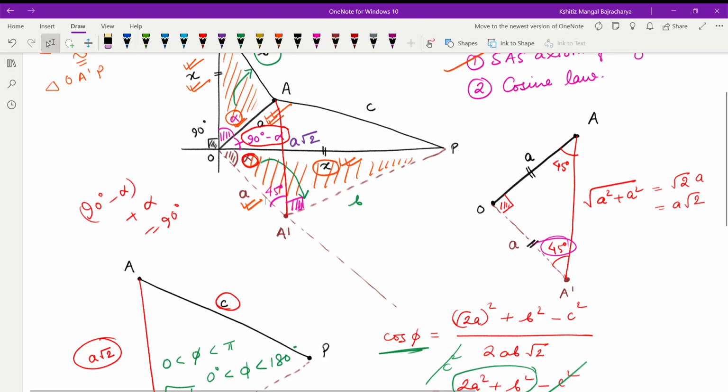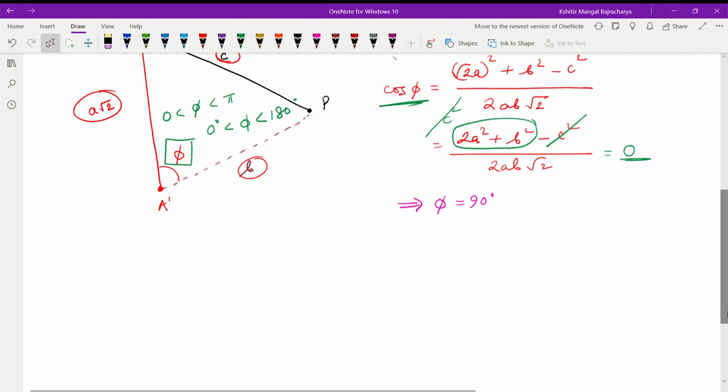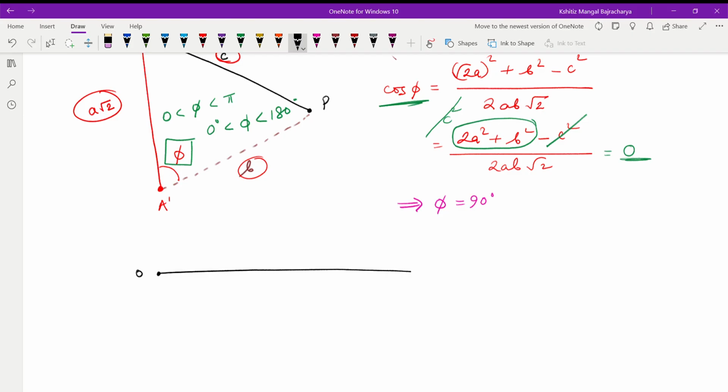Finally, let's switch our focus to triangle OA dash P. Here's O, here's P, and here's x. And A dash was something like this, I guess.